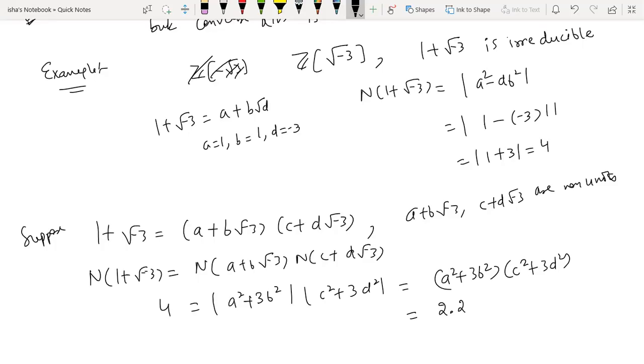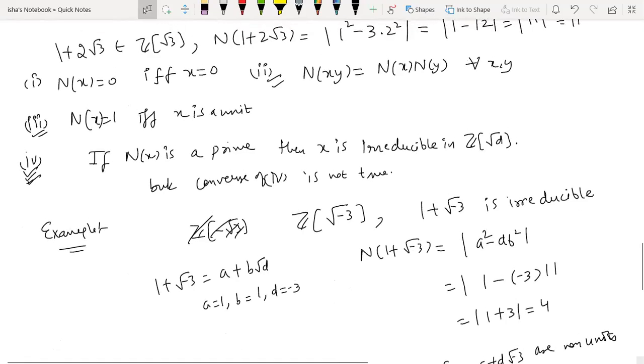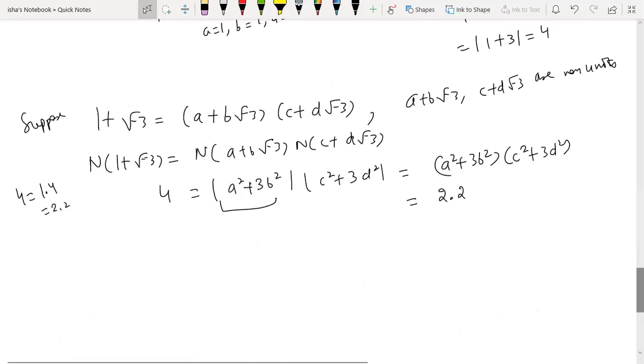So there are only two ways to generate 4: either 1 into 4 or 2 into 2. 1 into 4 cannot be possible because if one of them is 1, it means the element is a unit element, because property number 3 of the norm tells you that if the norm is 1, then the element is a unit element. But since I have supposed both of them to be non-units, the norm of neither of them can be 1. So the only possibility is 2 into 2.